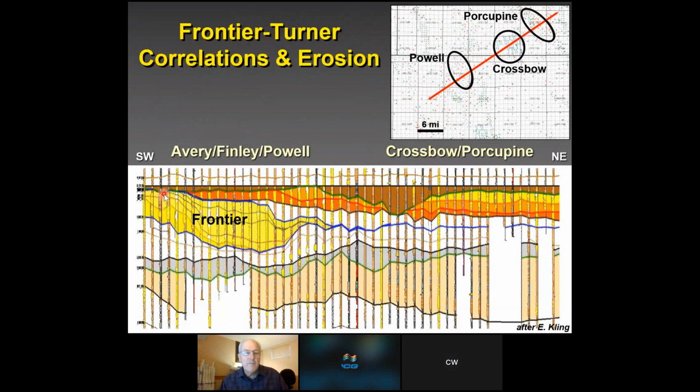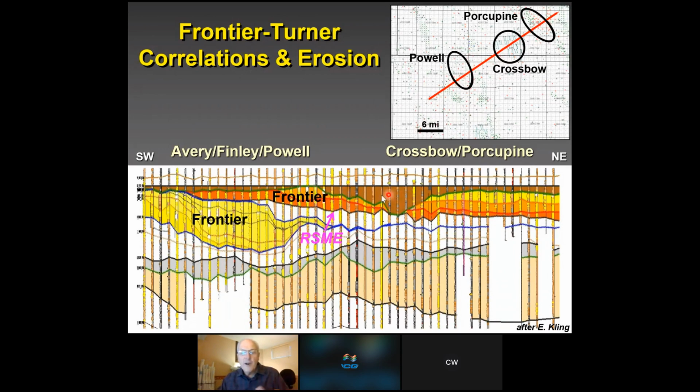The deltas then built out and down into the basin during falling sea level. So now we've got a second Frontier deltaic package sitting right here. In some cases, it's sand on sand separated by erosional conformity. In other places, it's sand sitting on shale above sand with that same erosional conformity. That's one of these regressive surfaces of marine erosion.